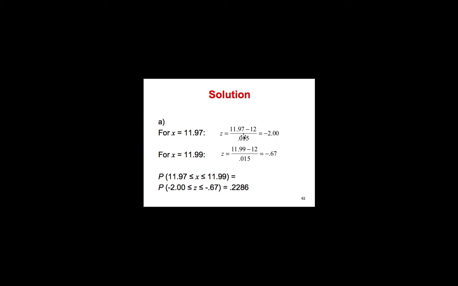Here we have our boundary values, our mean of 12, our standard deviation of 0.015. So we have reformulated the question to ask, what is the chance that z is between -2 and -0.67?